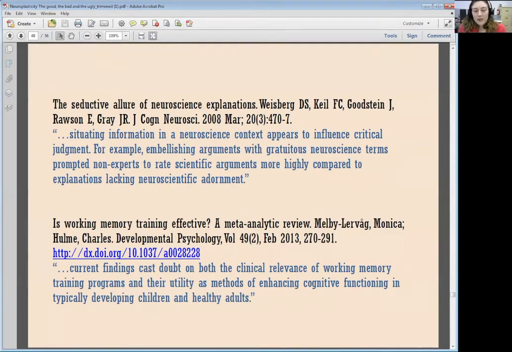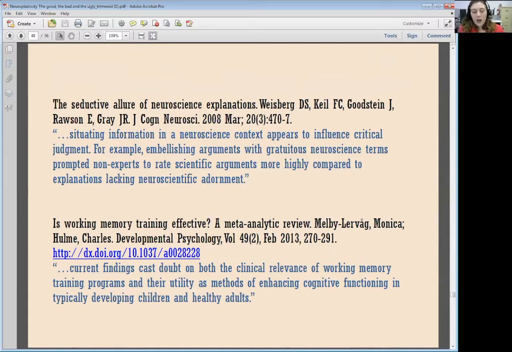Some other papers have also reported interesting things where if you take a story that's not true, so a scientific story that's not true, and then you fill it with lots of terms to do with neuroscience and neuroplasticity, that tale starts to become believable.